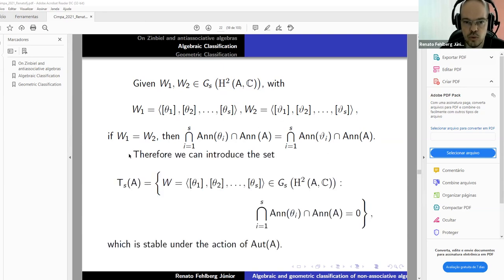So with this, we can introduce this set, the T_s, that is a set of elements in the Grassmannian such that the intersection of annihilators is 0. And this set has the property that it is stable under the action of the automorphism group.